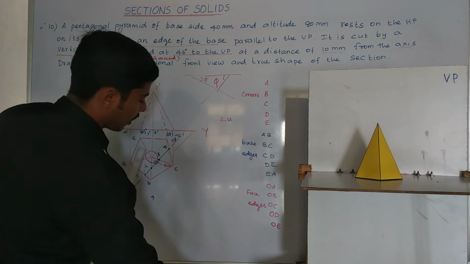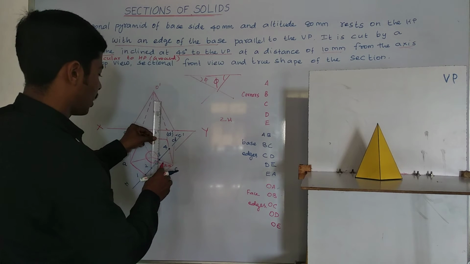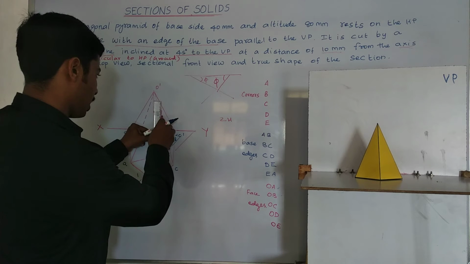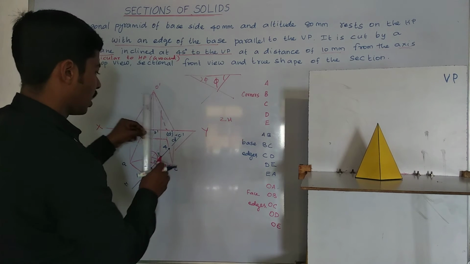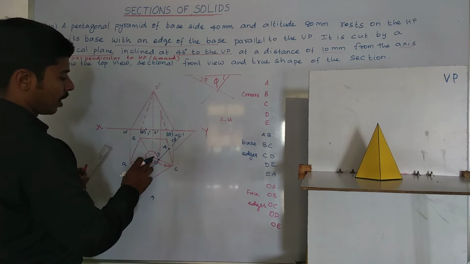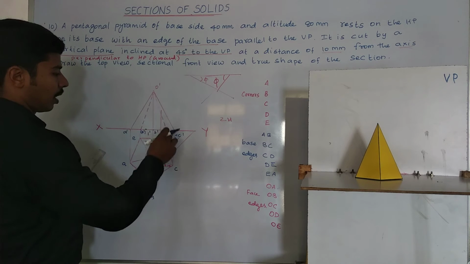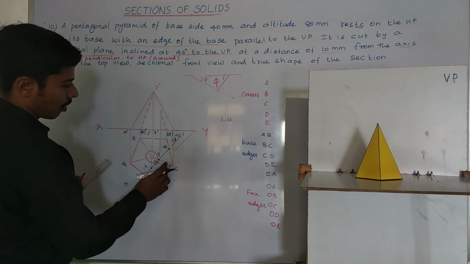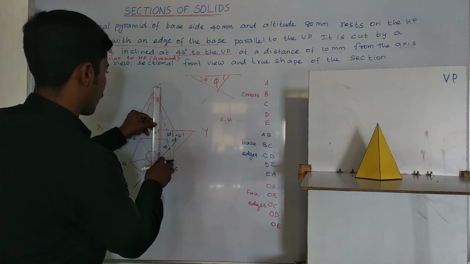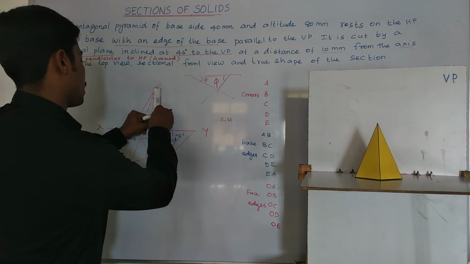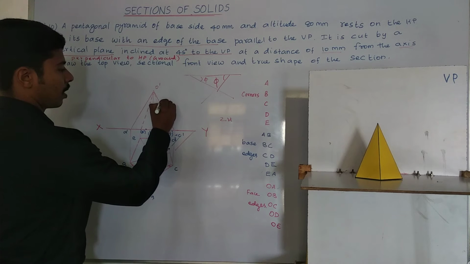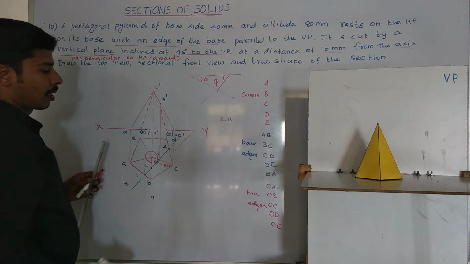Then go for 3. So 3 is in OC. OC is here only. So this is 3 dash.